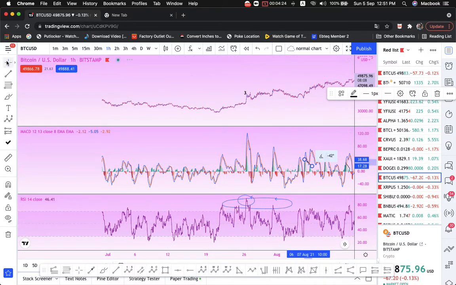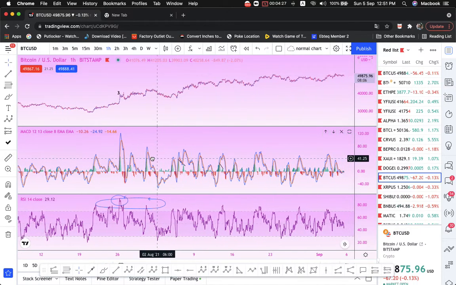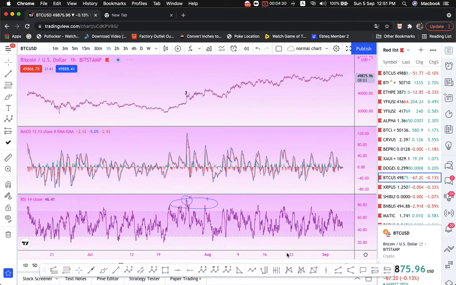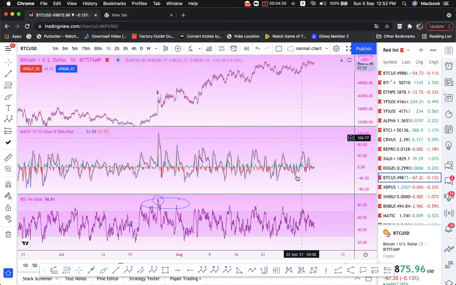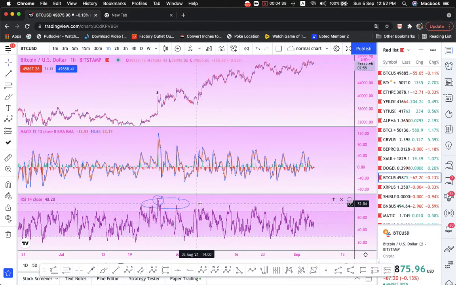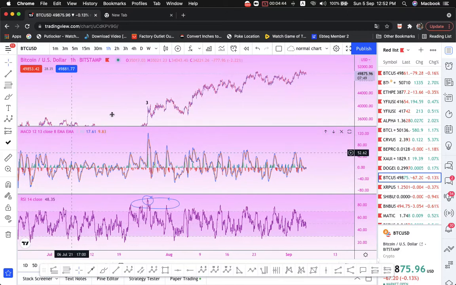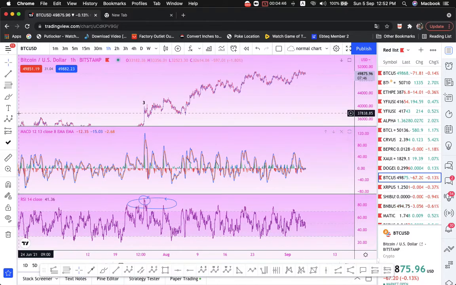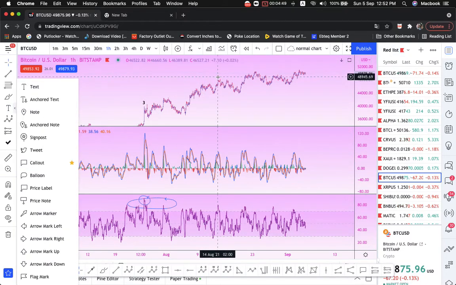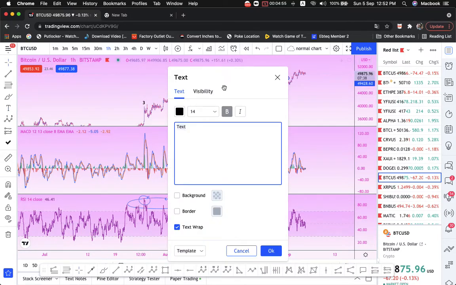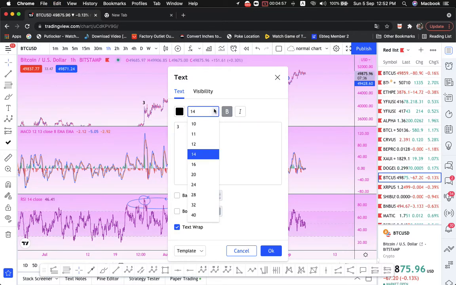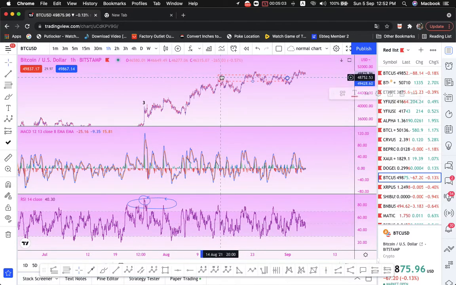Okay, so looking at it, it gives me an idea that possibly this one here is the larger third wave right here. Larger third wave right here. So I'm going to put it in another color, probably red. So I know that this is a larger third wave.